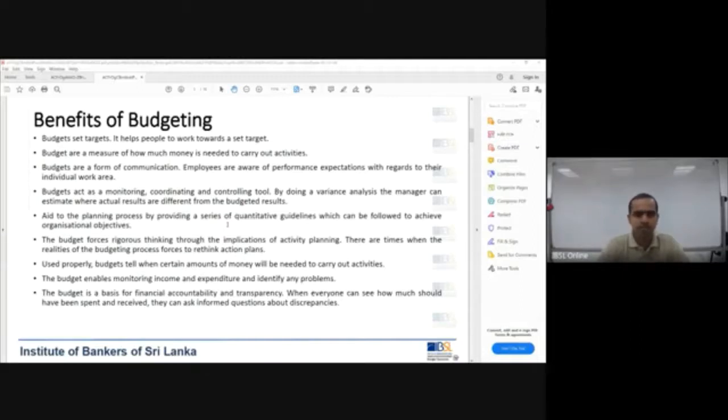It aids the planning process by providing a series of quantitative guidelines which can be followed to achieve organizational objectives. Right? So it can be quantified. The objectives can be quantified using budgets. The budget forces rigorous thinking through the implication of activity planning. There are times when the realities of budgeting process force us to rethink action plans.